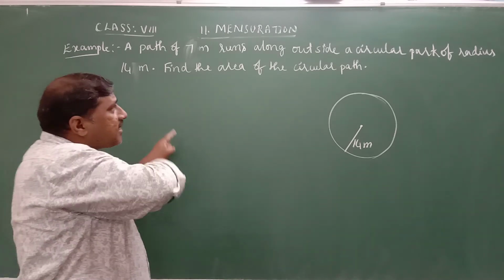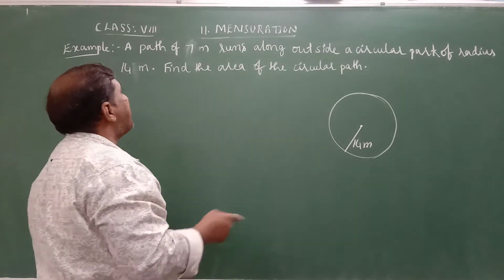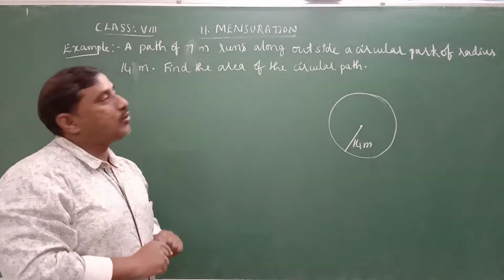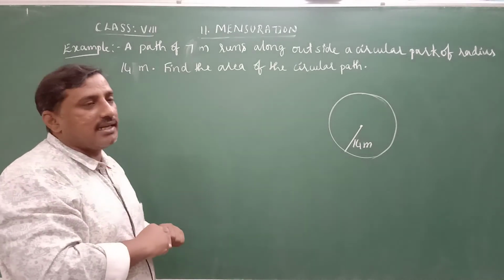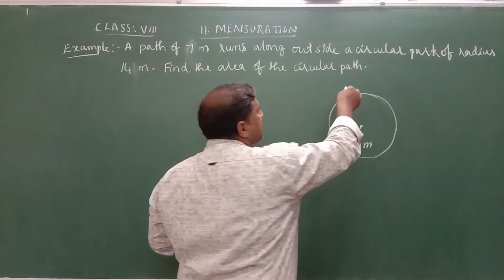And outside this circular path, one more circular path is there whose width is 7 meters. That is a path of 7 meters. The width is given as 7 meters.